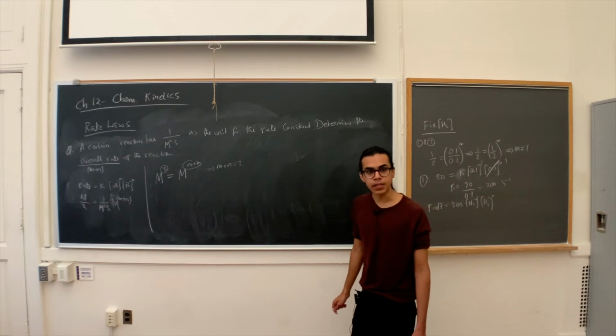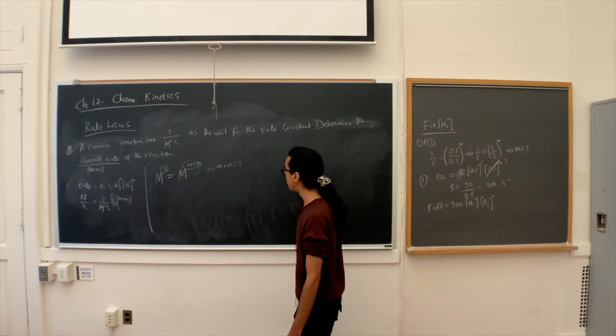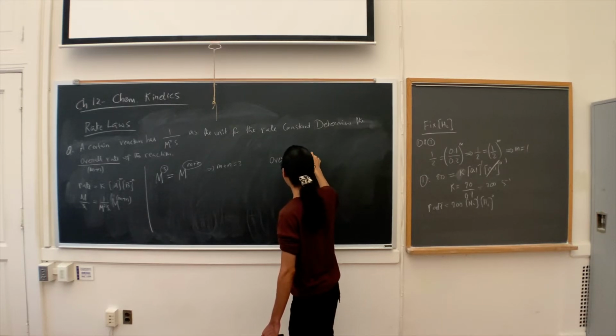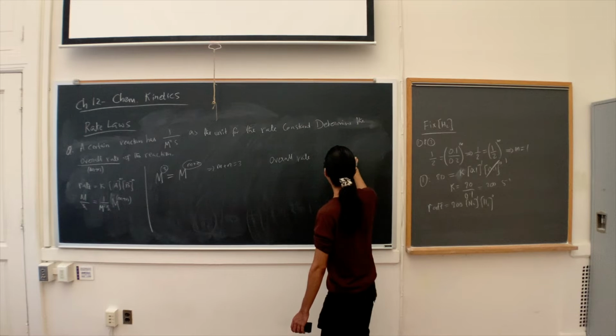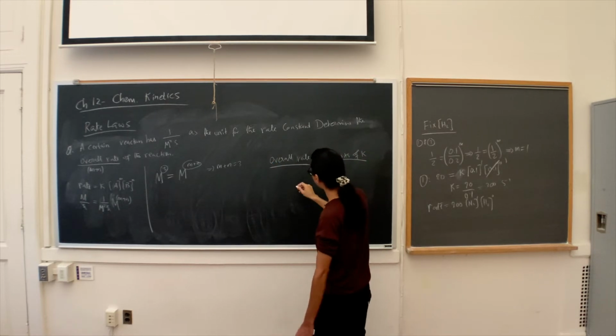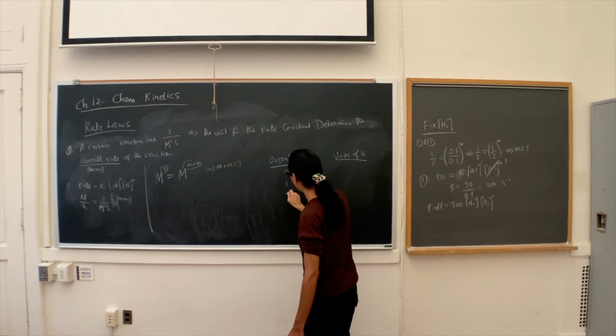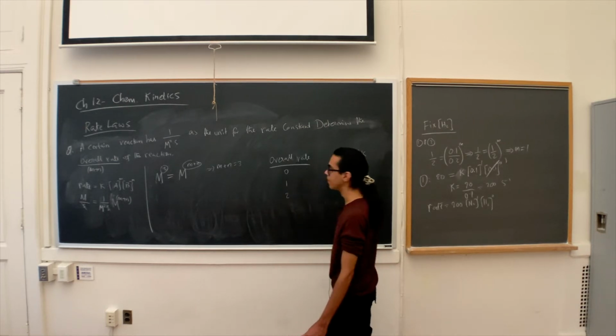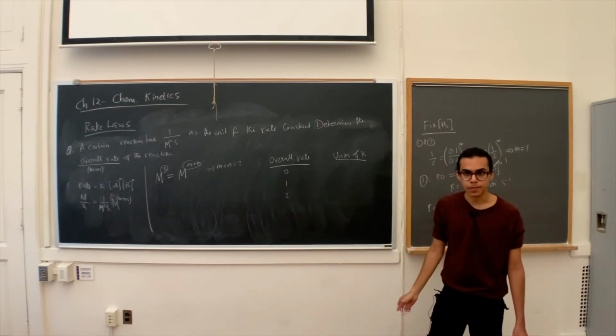As a fun little exercise on your own time, make up this table. Figure out the units of K for a couple overall rates, 0th order, 1st, 2nd, and that's enough. 0, 1, and 2.